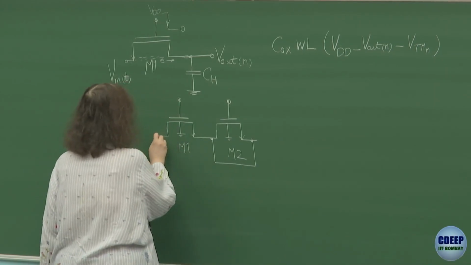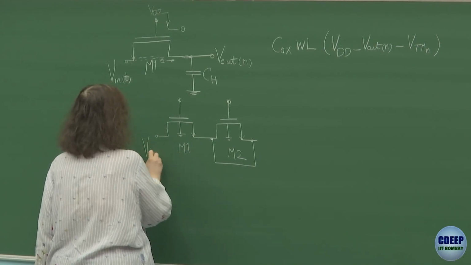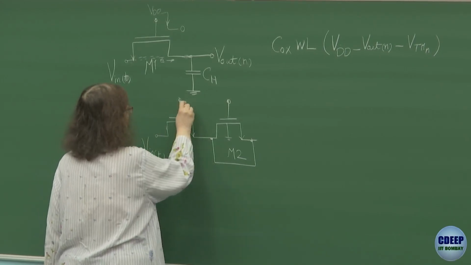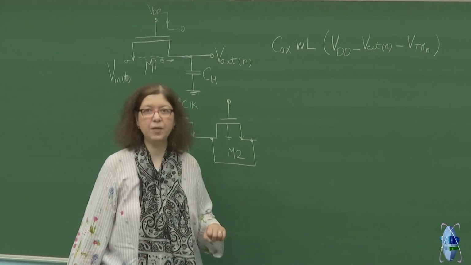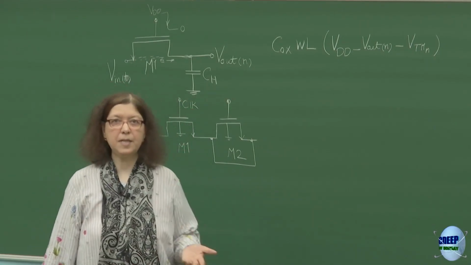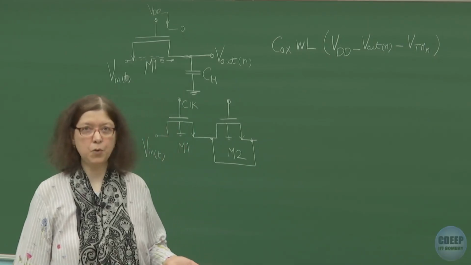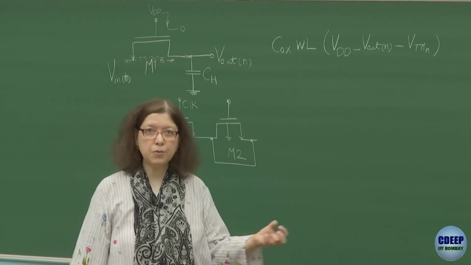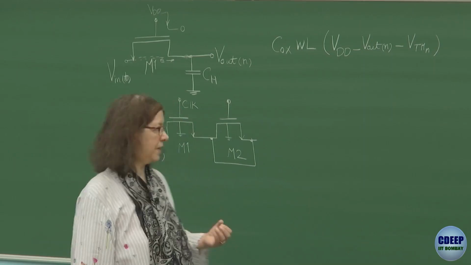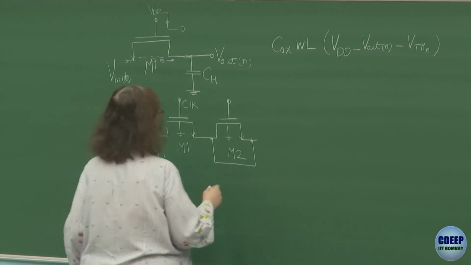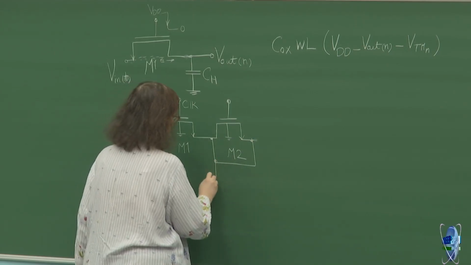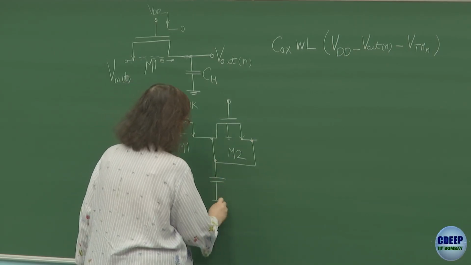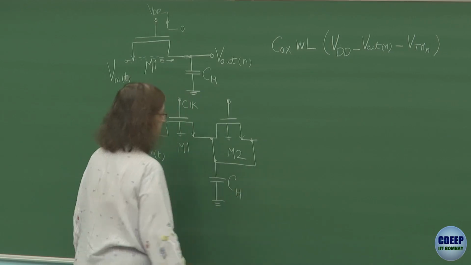Now, if we consider the case when transistor M1 turns off, at the same time we turn on transistor M2, so transistor M2 needs to receive the charge, and therefore there is a path for the charge to go through a different path rather than CH.